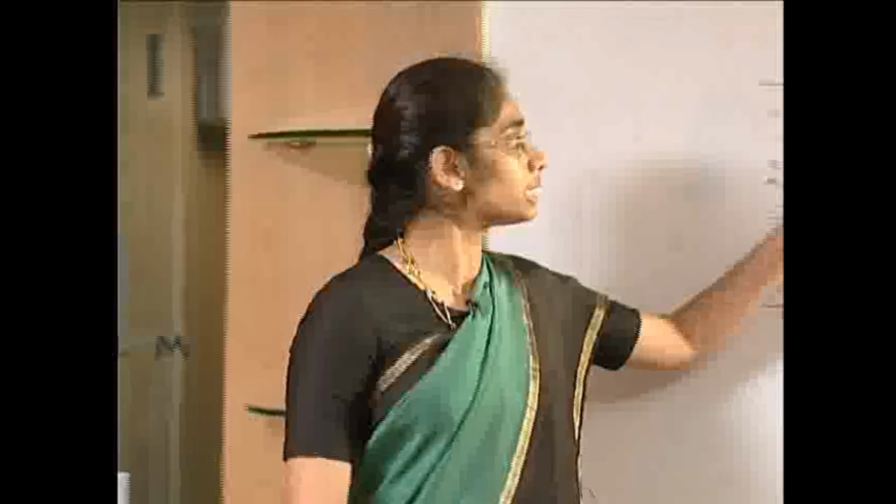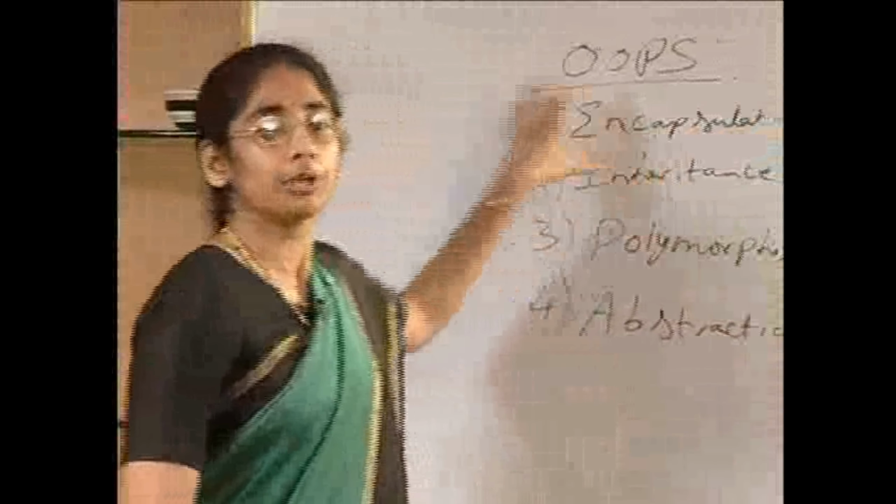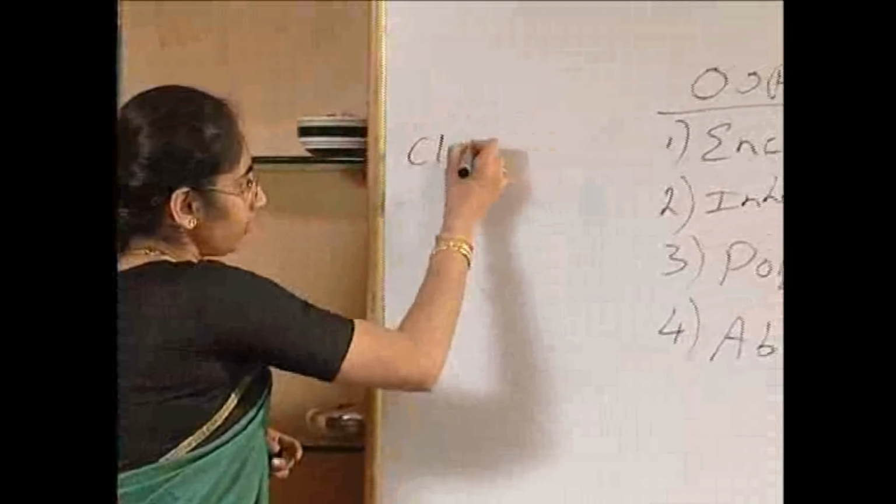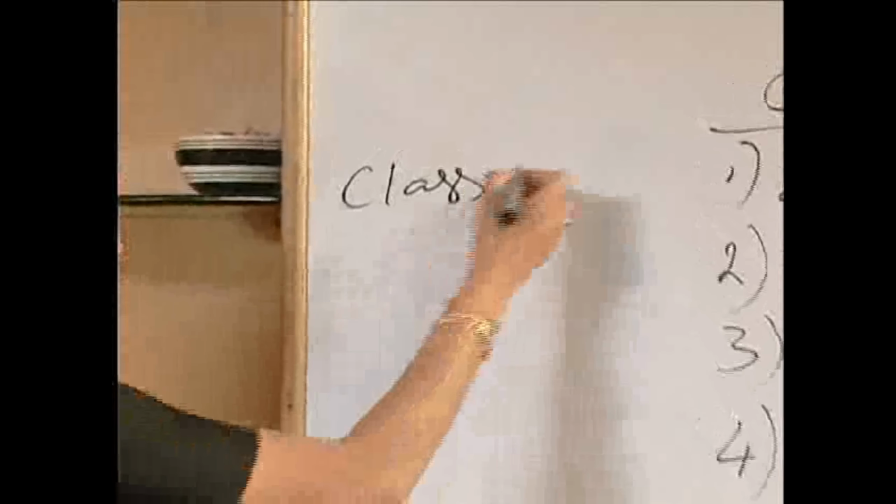Now what do you mean by encapsulation? Encapsulation means putting together all the variables and the methods into a single unit called a class. So you define a user-defined data type called a class.